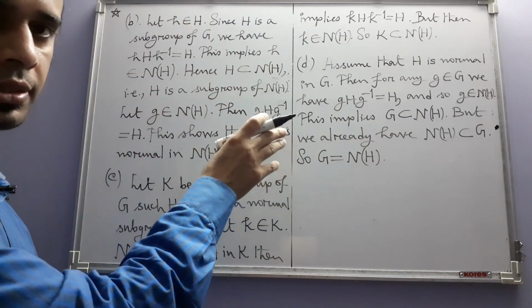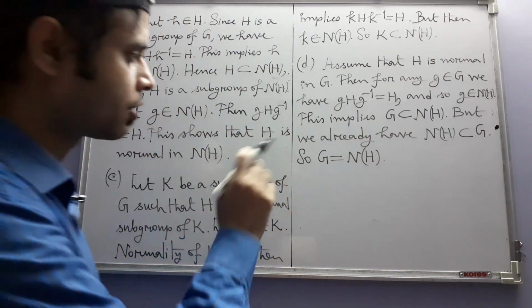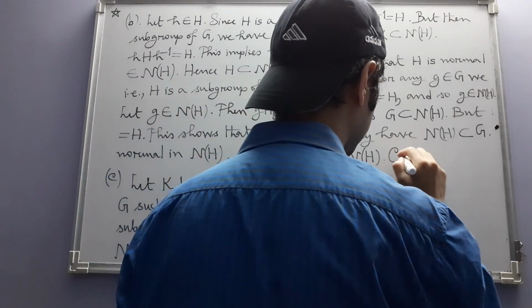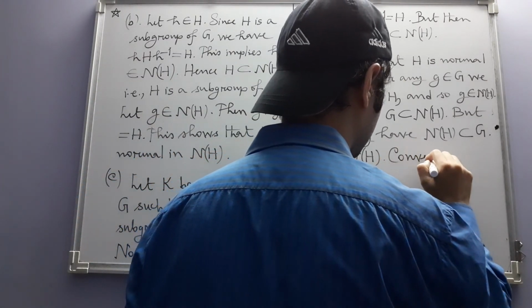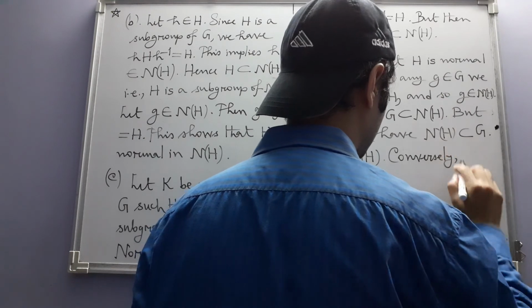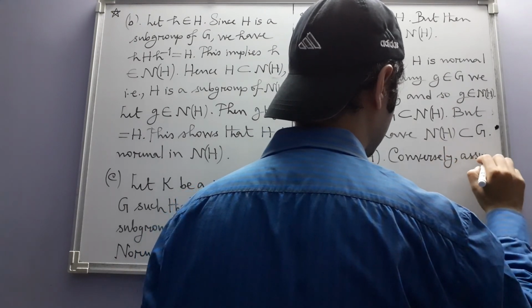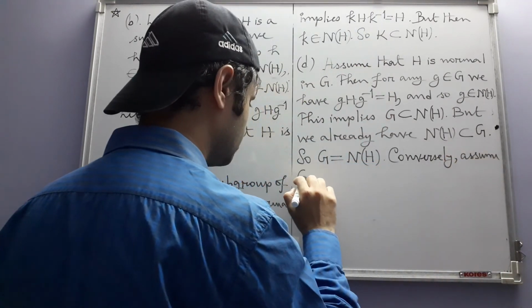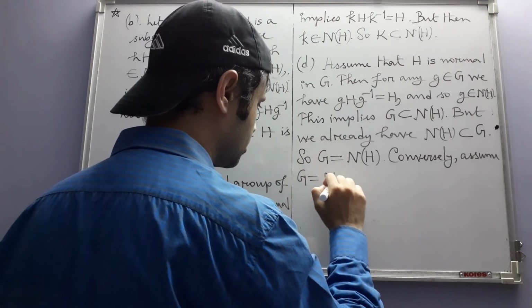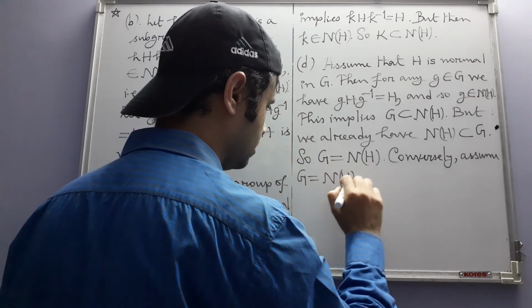Conversely, we are going to assume this and prove that H is normal in G. Conversely, assume G equals NH.